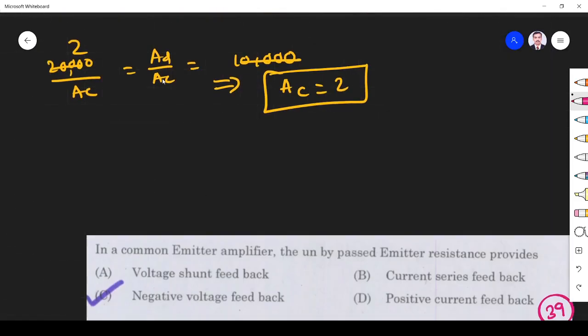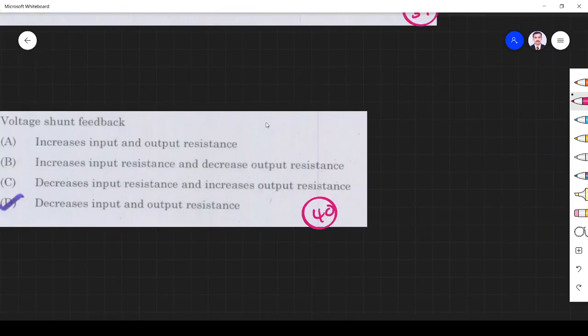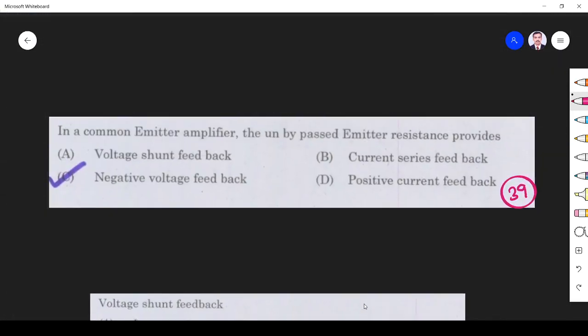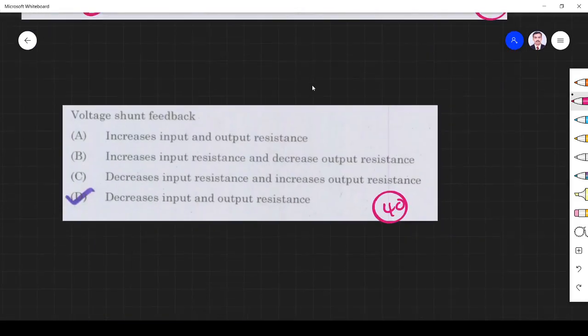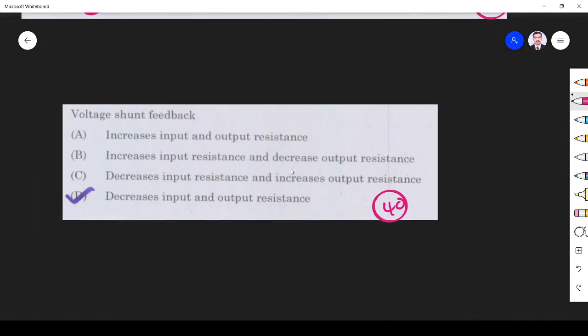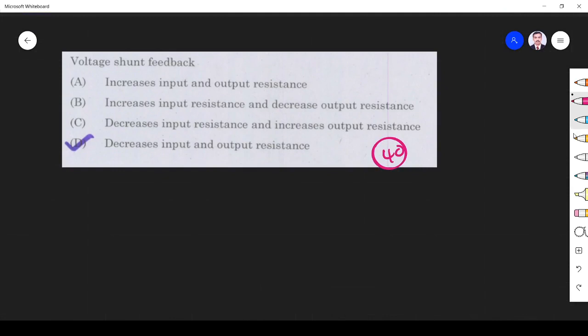Next question. In a common emitter amplifier, the unbypassed emitter resistance provides negative voltage feedback. Very important question. They ask this question many times. It is voltage shunt feedback. What will it do? Whenever we have shunt or series, it is talking about the input.